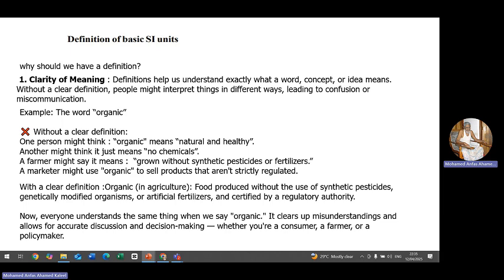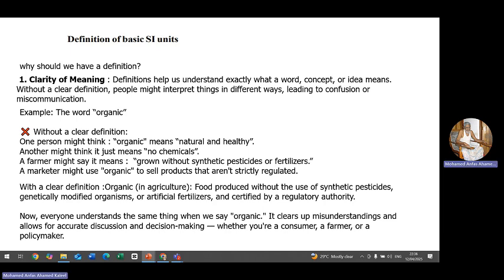A farmer might say it means an agricultural product grown without synthetic pesticides or fertilizers. And a marketer might use organic to sell products that are not strictly regulated.